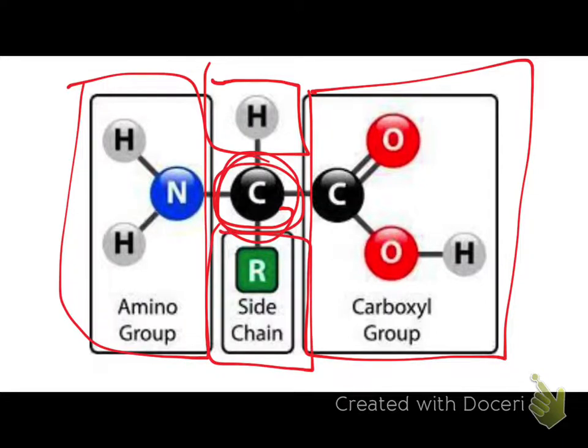So the reason they've written an R here is that the piece that connects to this part of the carbon looks totally different for each of the 20 amino acids. So this is the general structure of one single amino acid. And when we chain a bunch of different amino acids together, we get a protein. Okay?